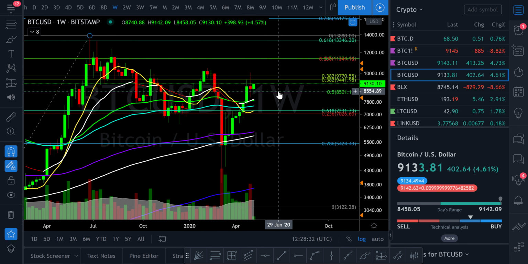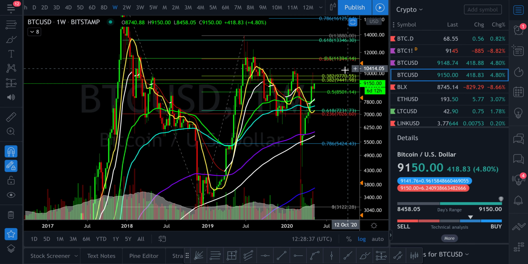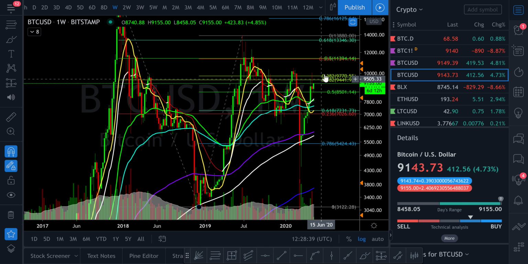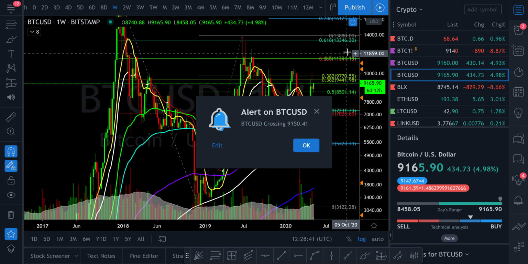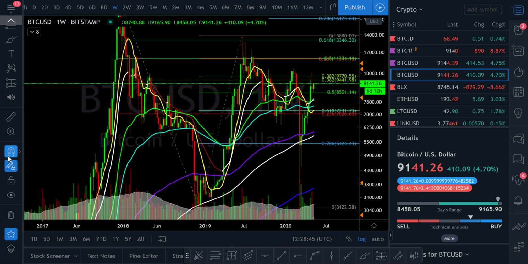So we're about to hit that 9150 support and then the 0.382 Fibonacci. So, 9700 to 9400. If we get above there, you'll likely see 11.4. So we'll see if we get that pullback now on the lower time frames.